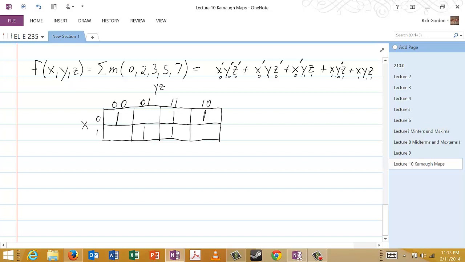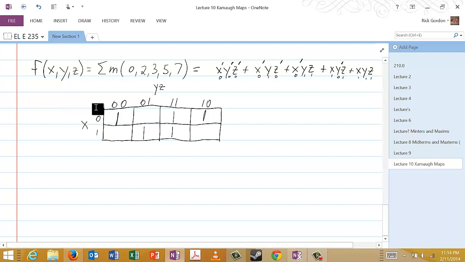For this one, 1, 0, 1, which corresponds to this, and then finally 1, 1, 1, which corresponds to this cell.